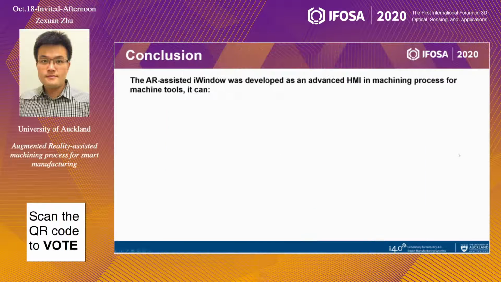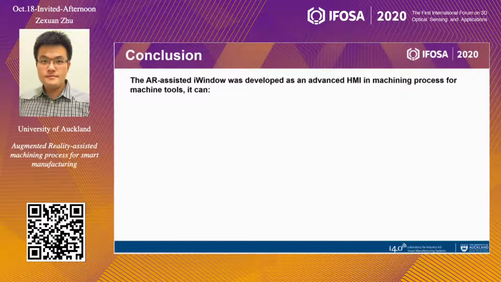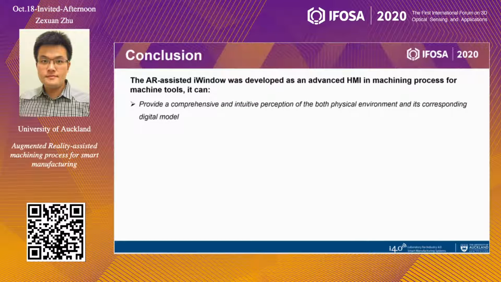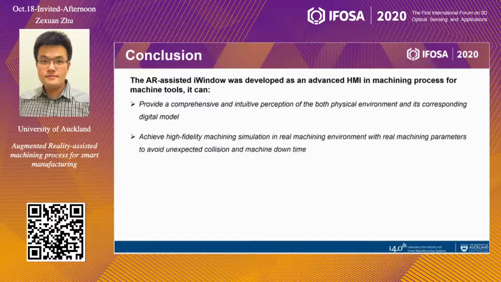So in conclusion, the AR-assisted Ibindo was developed as an advanced human and machine interface in the machining process for machine tools. It can first provide a comprehensive and intuitive perception of both the physical environment and its corresponding digital model. It can also achieve high-fidelity machining simulation in the real machining environment with real machining parameters to avoid unexpected collision and machine downtime.